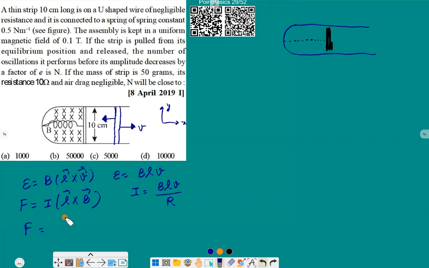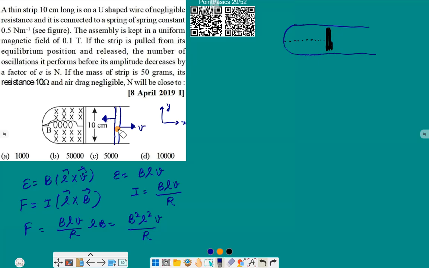So this will be BLV by R into LB, or B squared L squared V divided by R. So when we move this strip in the positive x direction, there will be an induced EMF, due to that a current in the circuit, and due to that current there will be a force acting on this strip, as it is carrying a current and moving in a magnetic field.